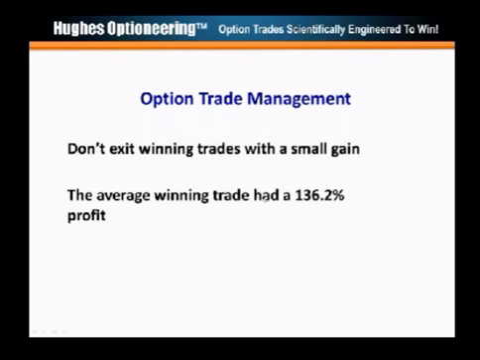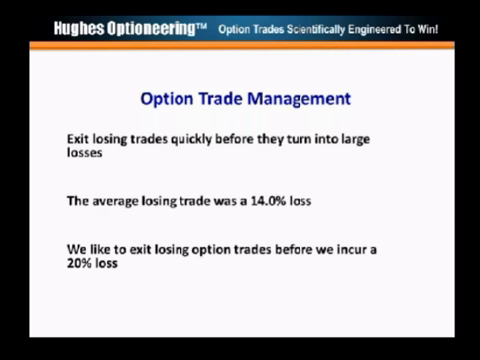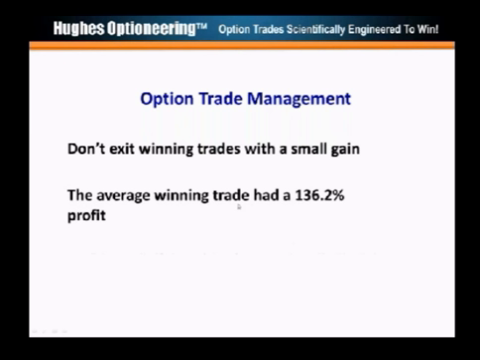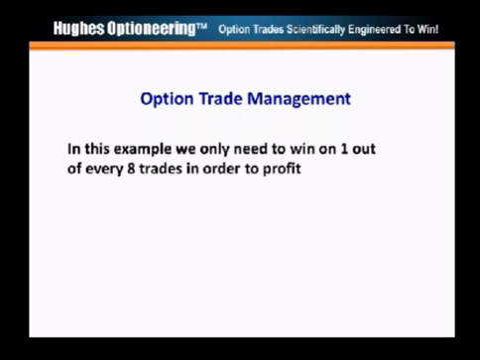By not exiting winning trades with a small gain, we had an average winning trade in this example of 136%. So we had an average losing trade of 14%, and an average winning trade of 136%. That's why you don't want to exit your winning trade with a small gain, because the winning trades can mitigate your losing trades.